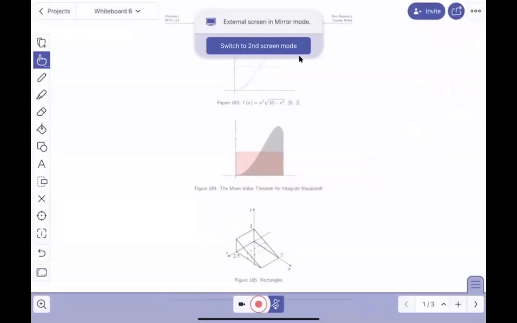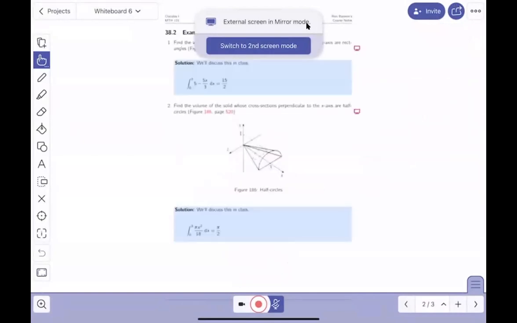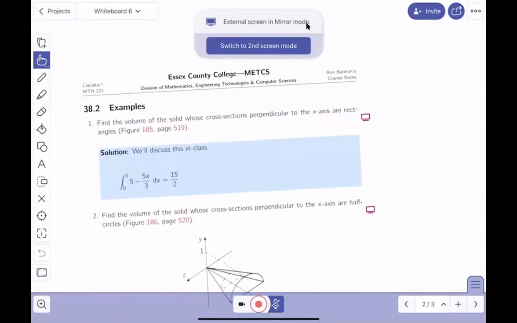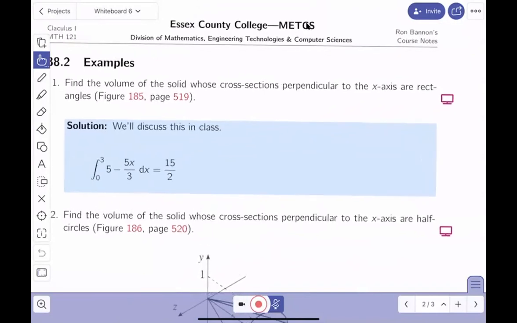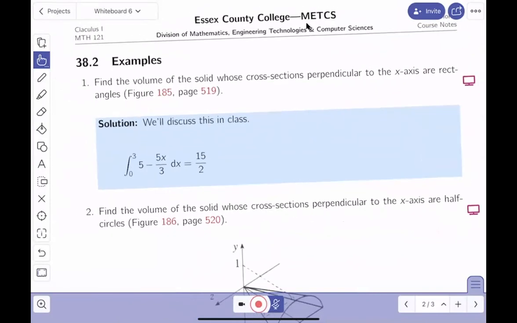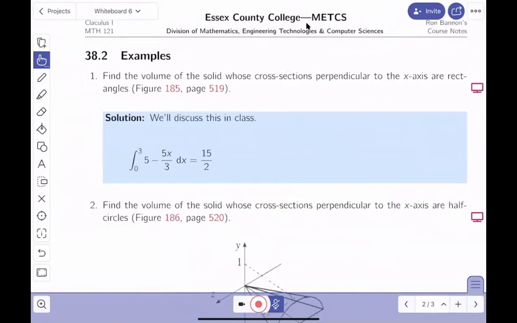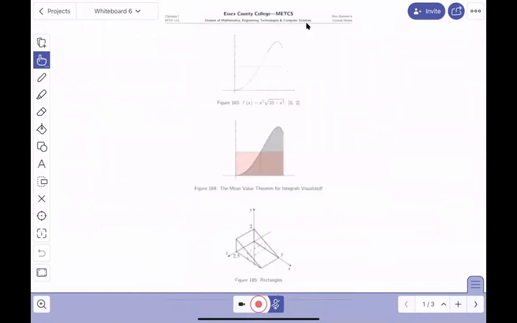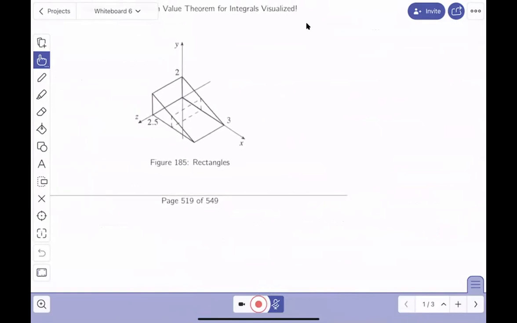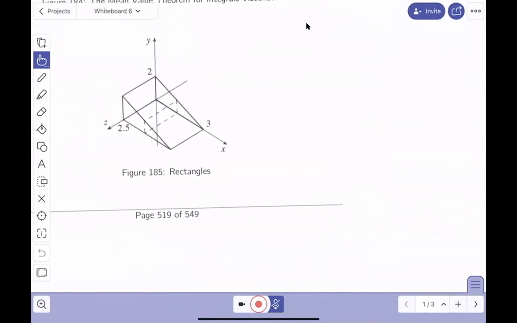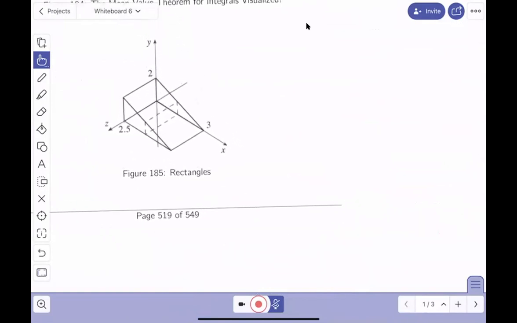All right. So, when I do this, I'm certainly going to do number 1 for you. Number 1 refers to a figure, figure 185 on page 519. I'll go to that picture, and I'll point out that they want the volume of that wedge.